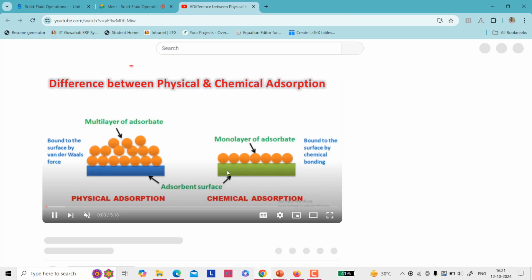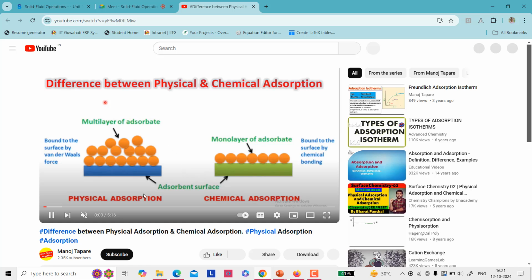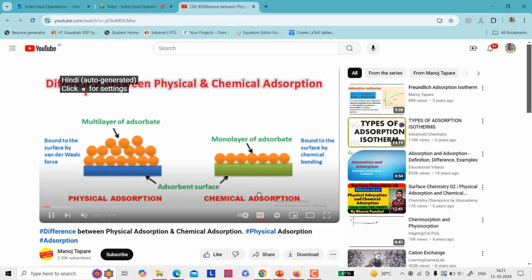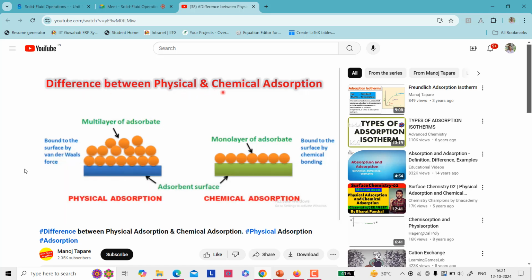It is also a difference. It is more clearly written. So here in the chemical adsorption, you can see that only the monolayer of adsorbents are bound to the surface by chemical bonding, but in case of physical adsorption, it is bound to the surface by van der Waals force and it is a multilayer.